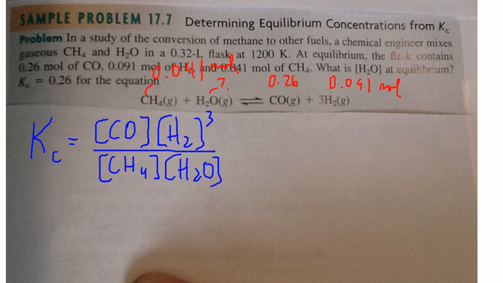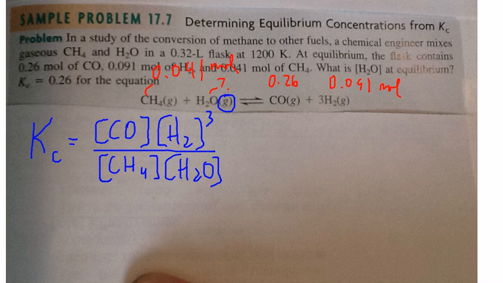And we can put the H2O in here. It's not liquid water, it is gaseous water, so we can include it in the equilibrium expression. And it looks like H2O is our unknown, and we have Kc. So we could rearrange everything, solving for the H2O concentration, right?